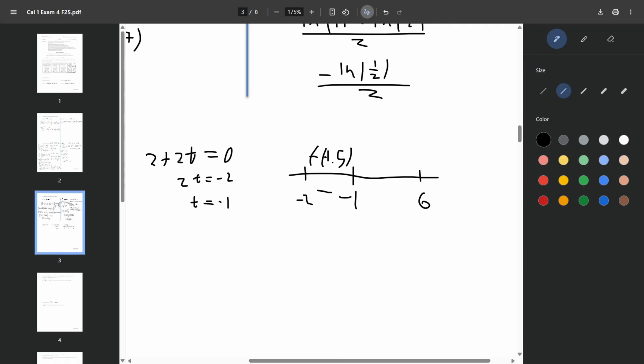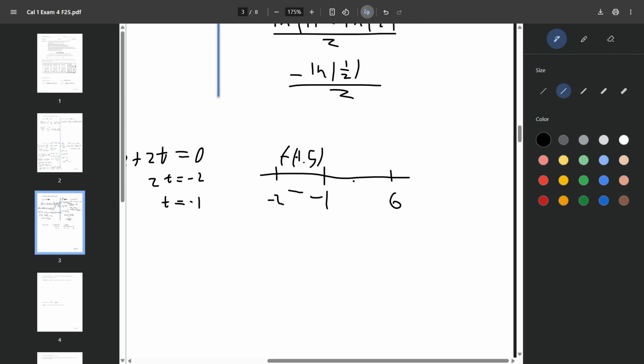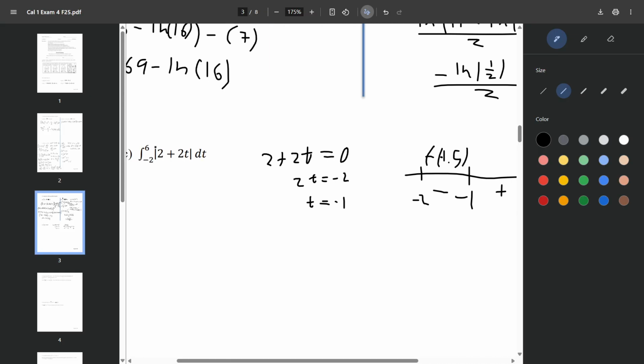And for this one, it's going to be positive. So we can see that we need to split this integral into negative 2 to negative 1, and negative 1 to 6.